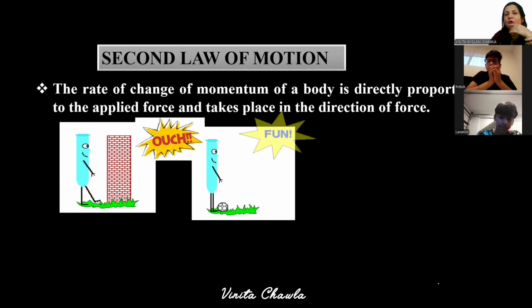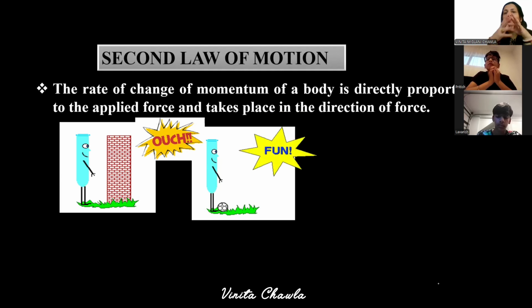So what do we conclude from this? The wall was hard to kick, while the ball was much softer. And there was nothing to stop the ball when he kicked it.